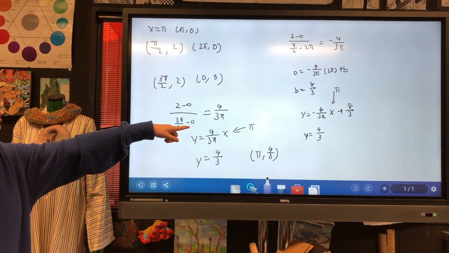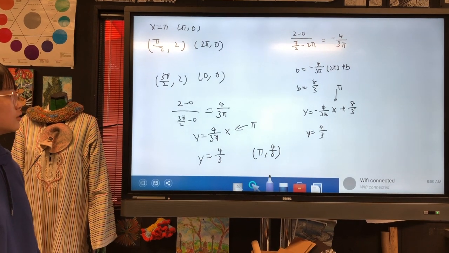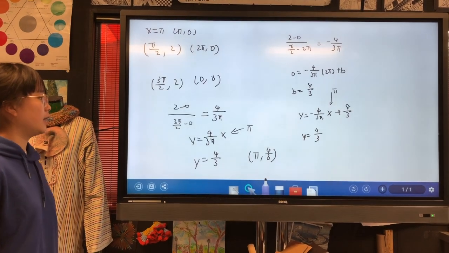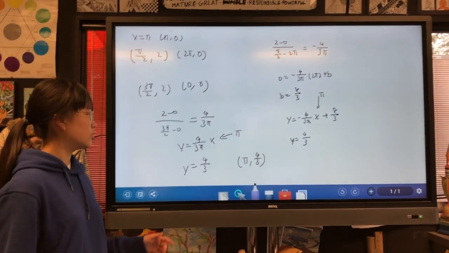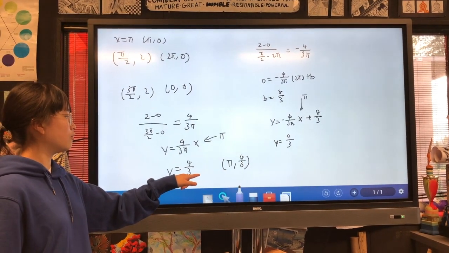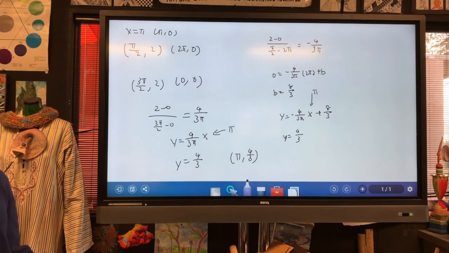Then we do the same thing to test whether we calculated correctly for these two points. Since we all get y equals 4 over 3, we know that pi comma 4 over 3 is our coordinate for G.